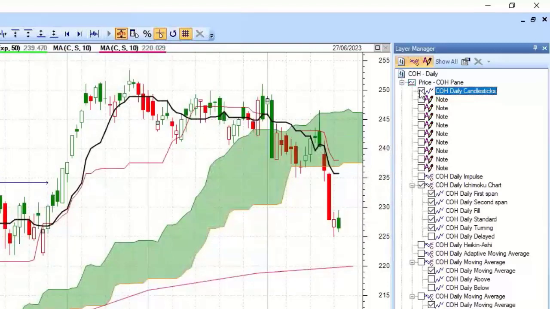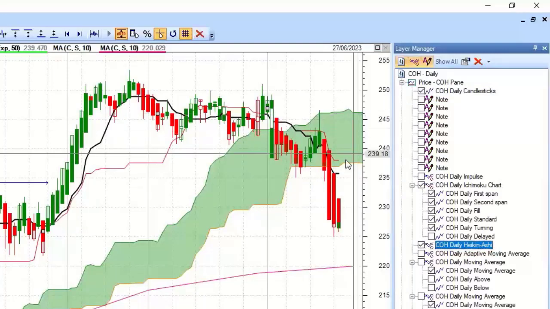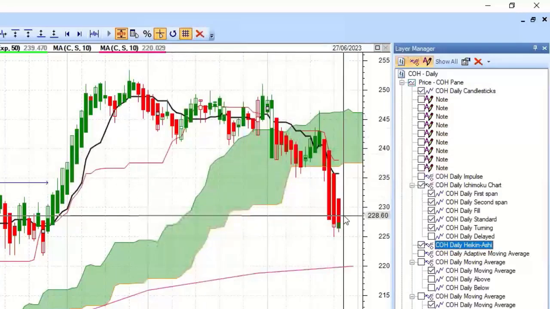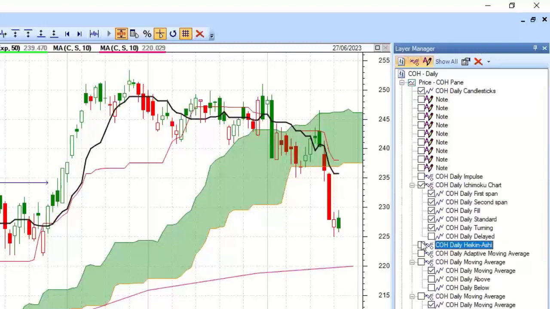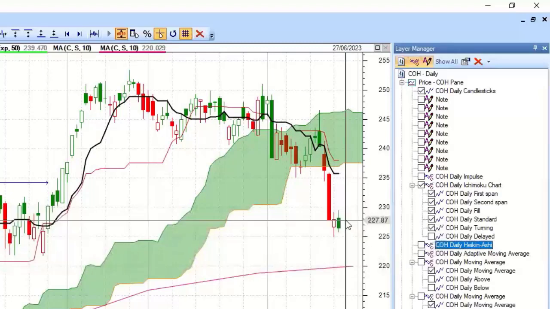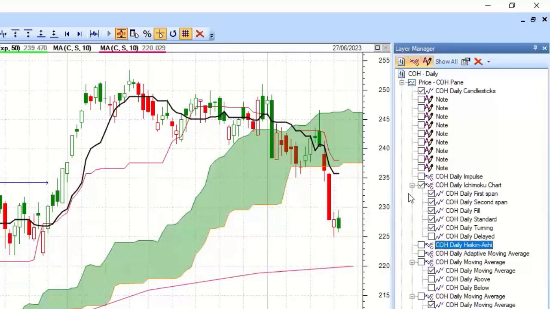So you might, let's put that back again. You might have a look at it and say, oh yeah, that's it. What's actually my price? Because it'll be slightly different to the Heikin-Ashi because it calculates on an average price, and hiding underneath your Heikin-Ashi is your real price.